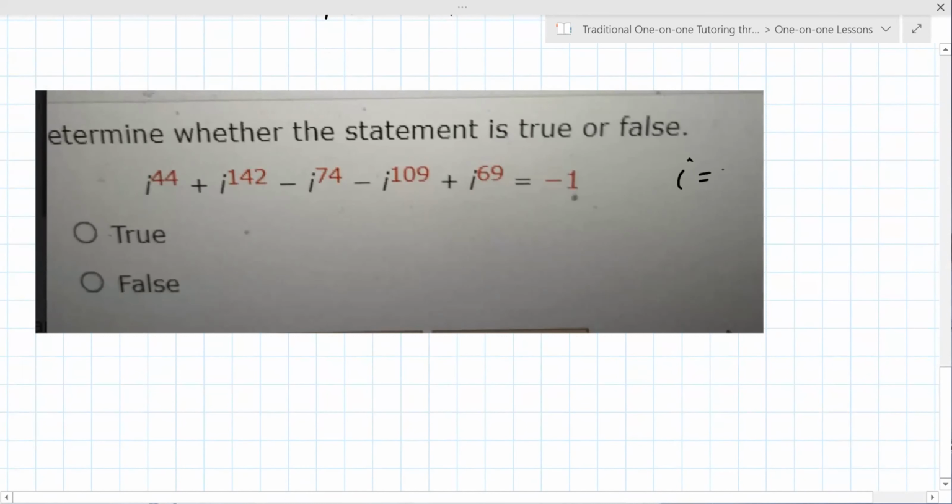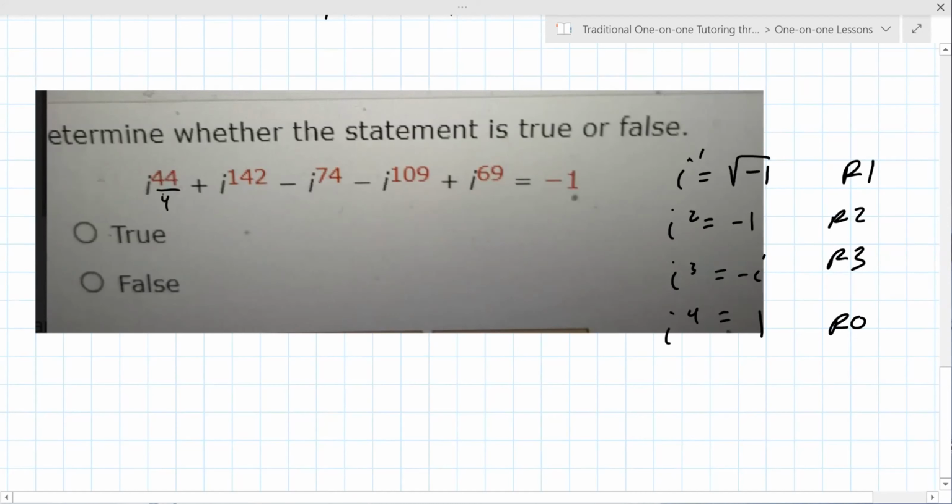So i to the 1 is the square root of -1. i squared is -1. i cubed is -i. And then i to the 4th is +1. And then these repeat, okay? So you have to take this exponent and divide it by 4 and see if there's a remainder. So this is a remainder of 0. This is a remainder of 1, remainder of 2, and a remainder of 3. So there's no remainder for that one. So i to the 44th is just 1.